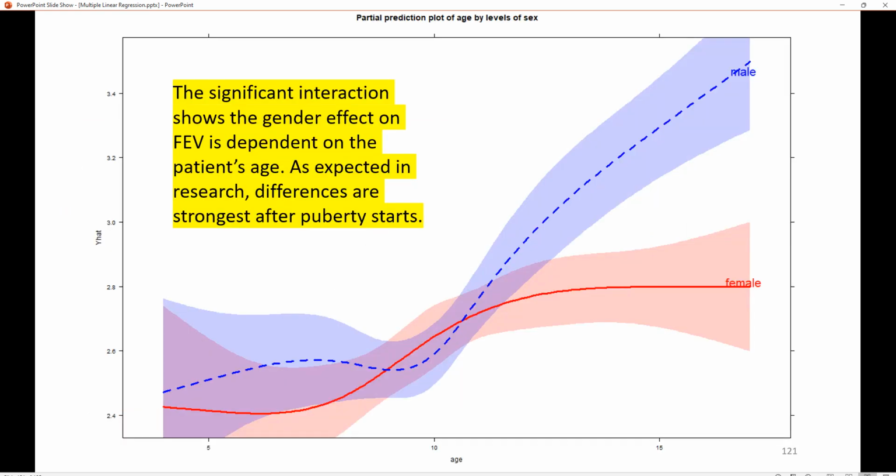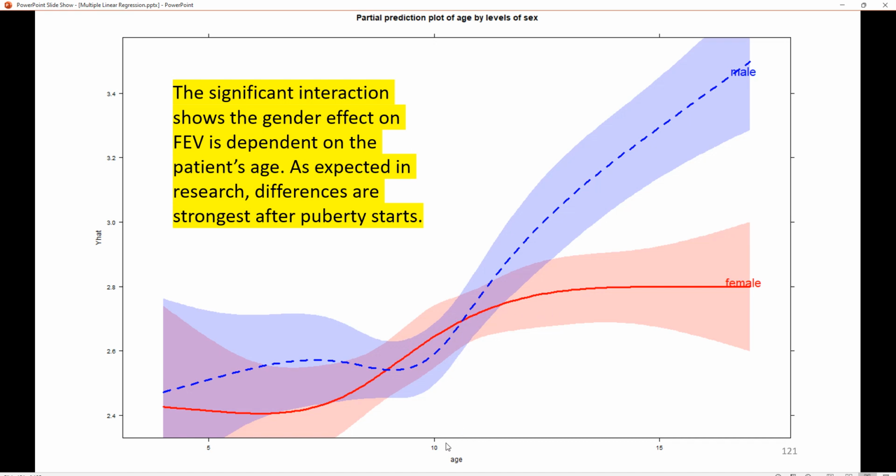Okay, so we have a significant interaction that shows the gender effect on FEV is dependent on the patient's age. As expected in research, differences are strongest after puberty. In blue we see the trend line for males, and in red we see the trend line for females.